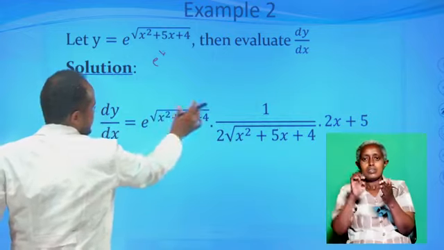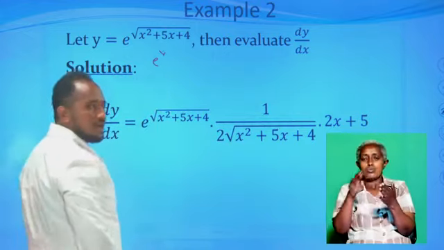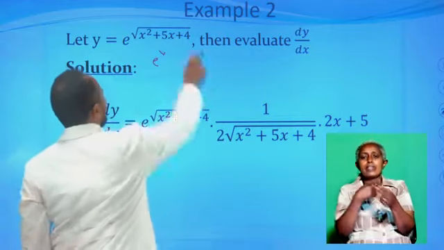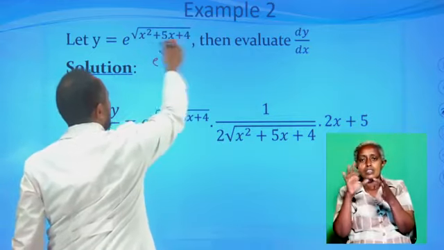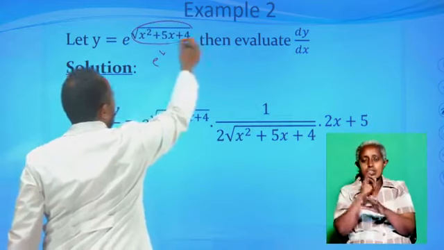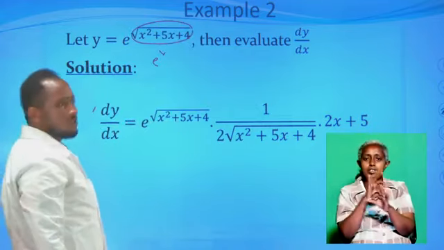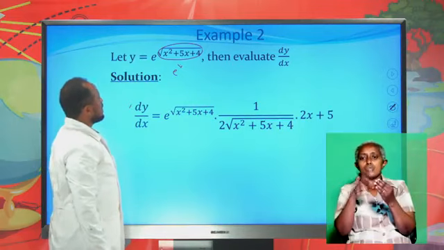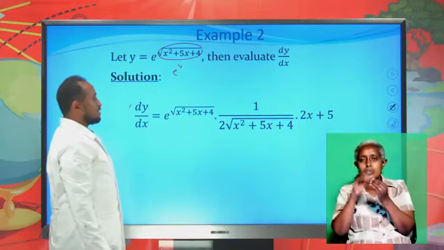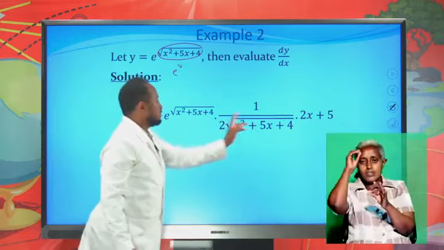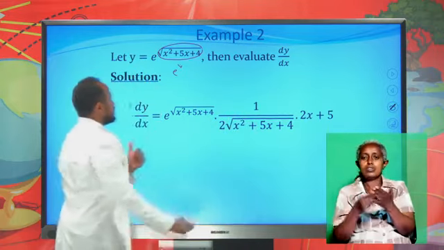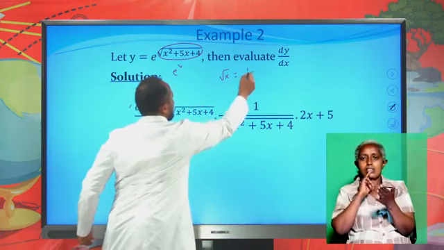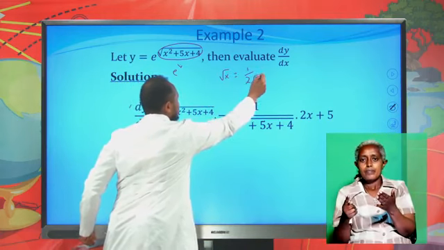So e raised to the square root of x squared plus 5x plus 4 times, and then applying the chain rule, the second function is the square root function, the square root of x squared plus 5x plus 4. Its derivative is 1 over 2 root of this one. You remember the derivative of the square root of x is 1 over 2 root x.